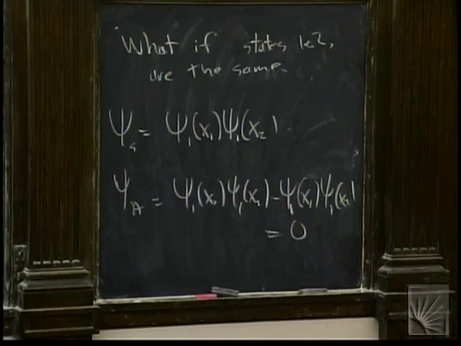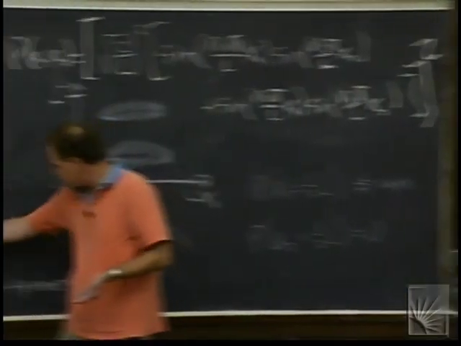Okay? Instead of just making some rules for the Pauli exclusion principle, it is the result of the fact that the way to antisymmetrize a multi-particle system is to take the product state and subtract the product state with the two states reversed.